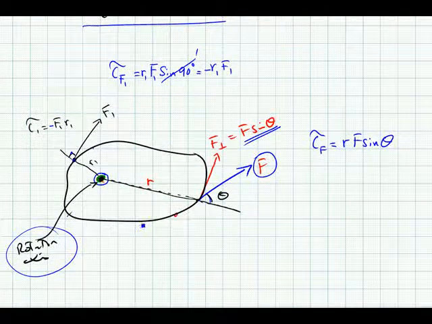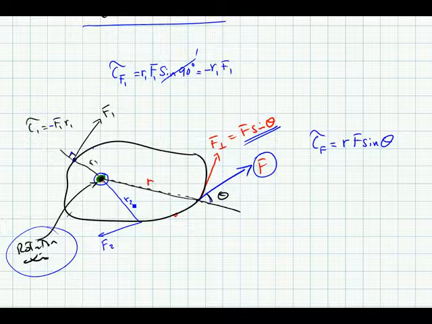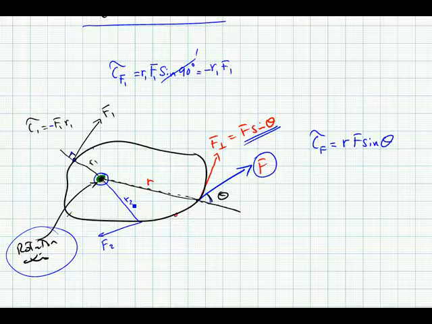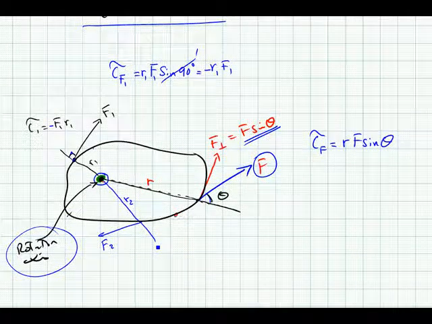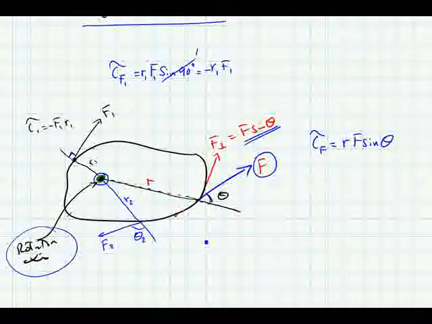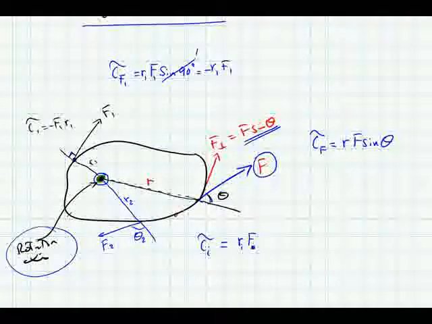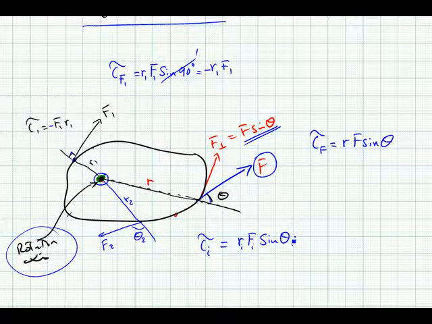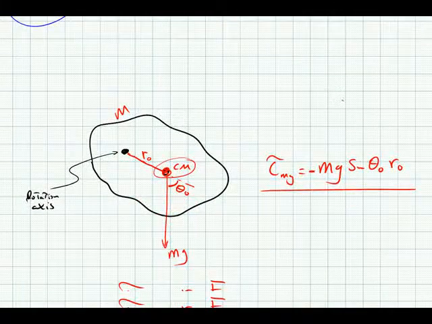So for each force that is applied to the object, so here we have F2, you need to determine the radial distance from the rotation axis to the object, and figure out the angle that force makes with the radial line, and use the relationship torque i is r_i F_i sine theta_i in magnitude, and you need to do this for each and every force that is acting on the object, of course.